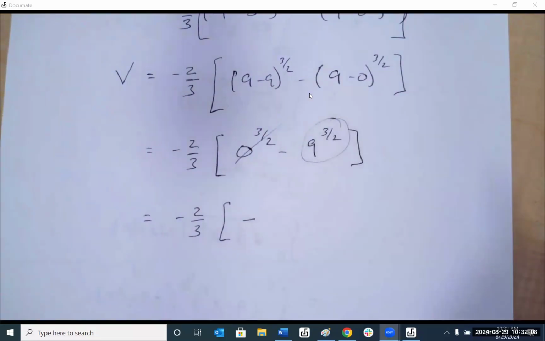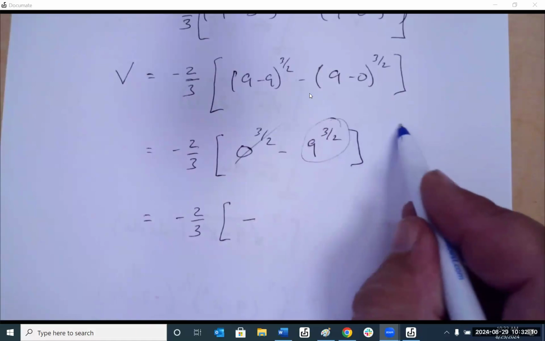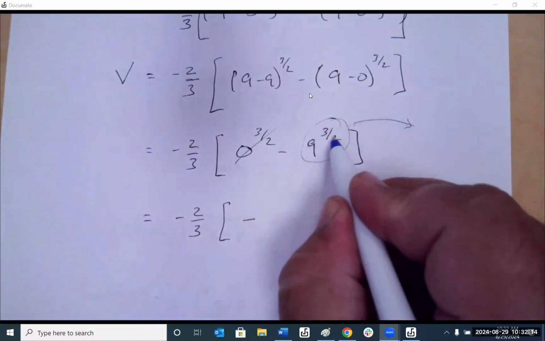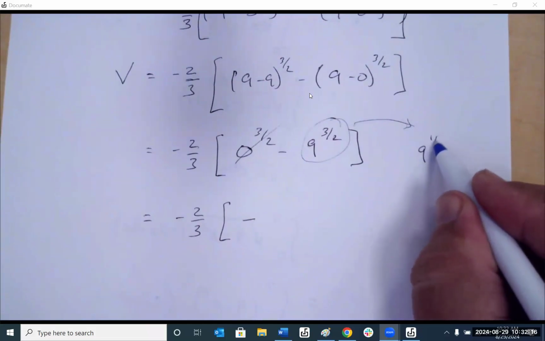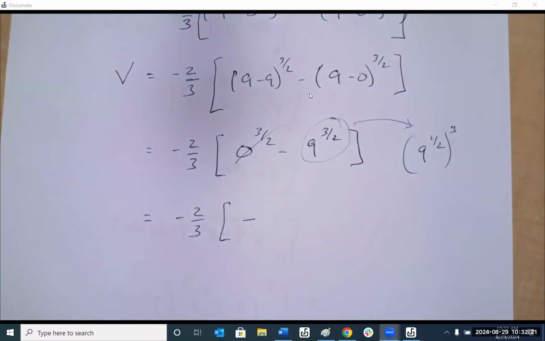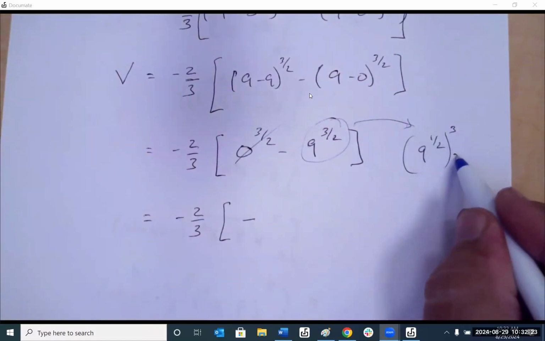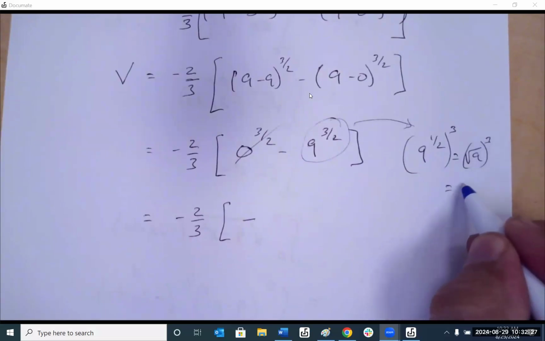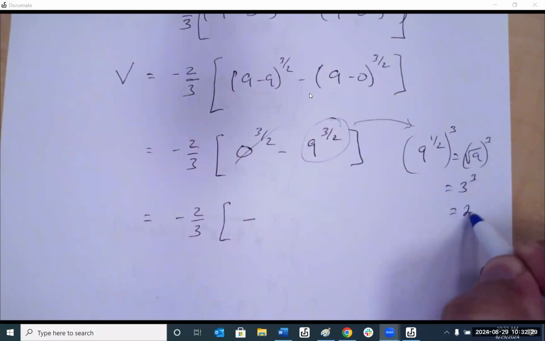Now, what does this one become? And so we do this, we do 9 to the power 1/2, whatever that becomes, we cube it. So this simply means square root of 9. So it's 3 cubed, which is 27.